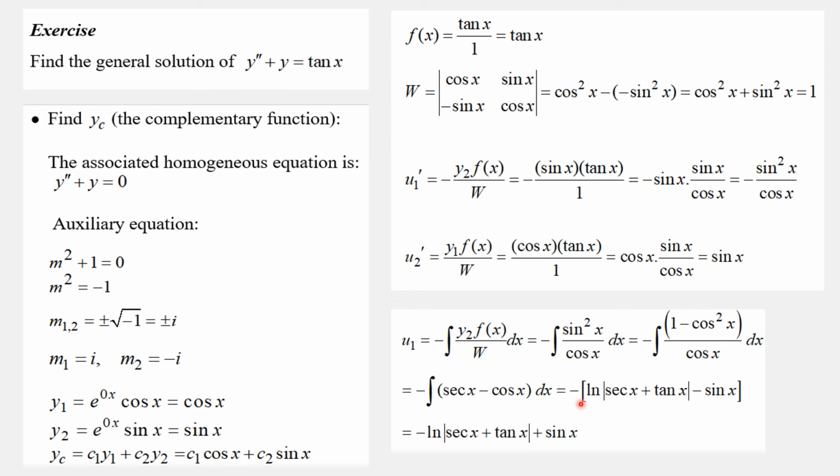So this is the answer for the integration of this function. Now when you open up the bracket, you take negative multiplied by the ln function, and negative multiplied by the negative sin x. So this is what we've obtained: negative ln of secant x plus tangent x, plus sin x. This is the expression for u1.